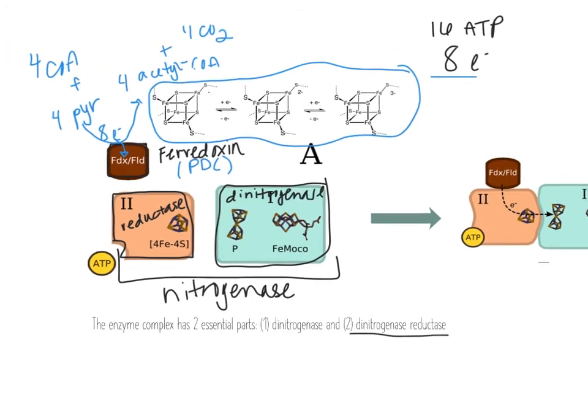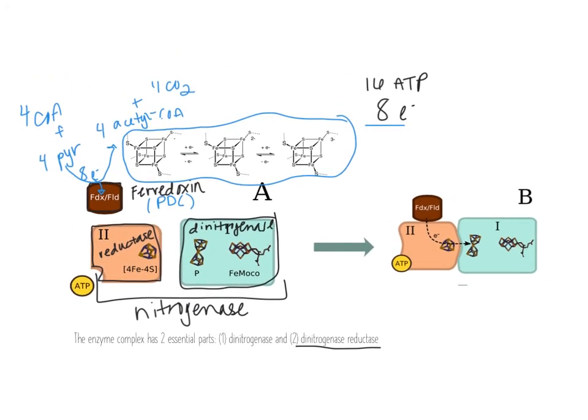In order for ferredoxin to be able to pass electrons to the nitrogenase, ATP binds to the reductase. This causes a conformational change.